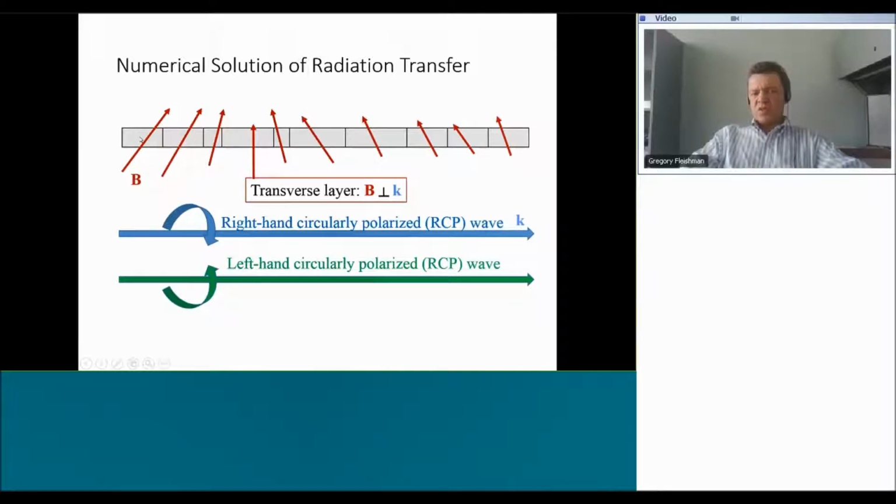Each voxel will be characterized by its own emissivity of each wave, its own absorption coefficient, all of which depend on magnetic field and other input parameters. On top of that, each voxel can have its own height. So in the general case and in realistic models, the heights of different voxels are not necessarily all the same. It can be the case, but it's not necessarily the case.